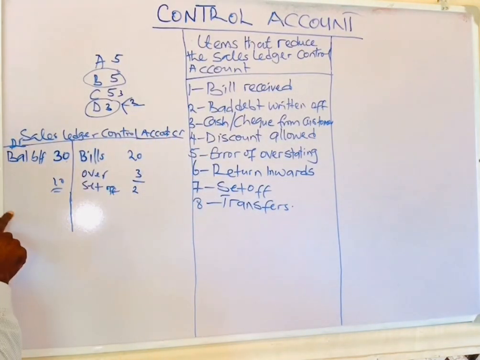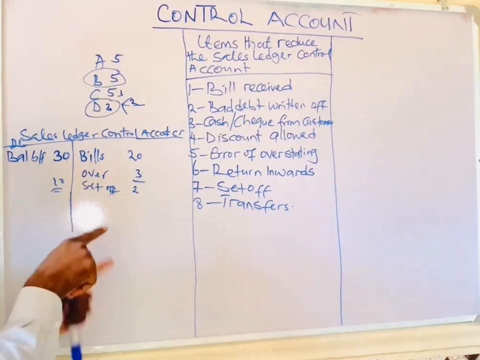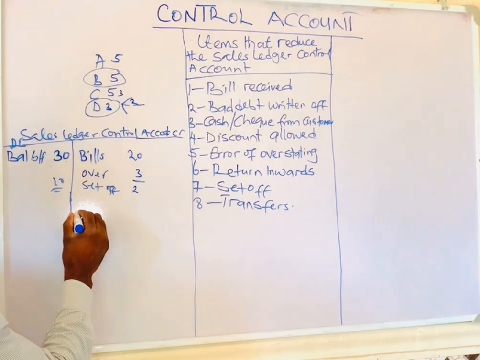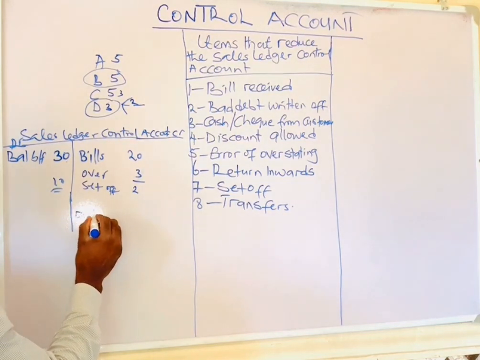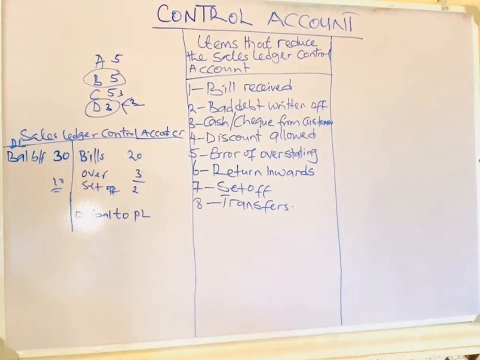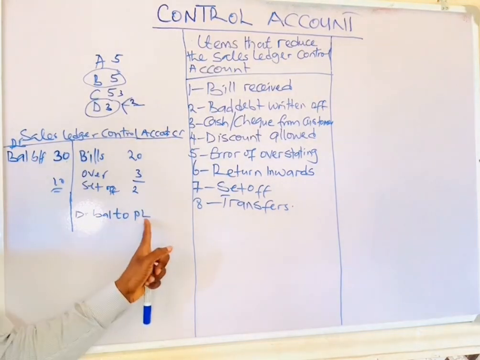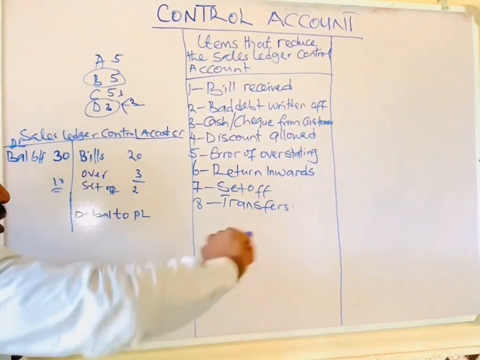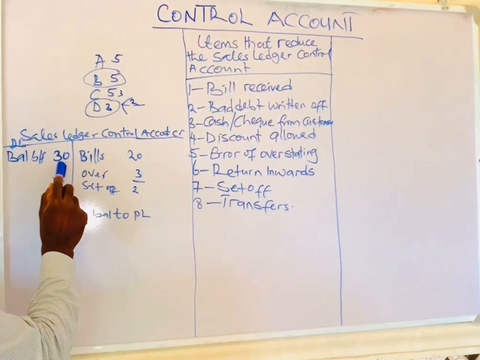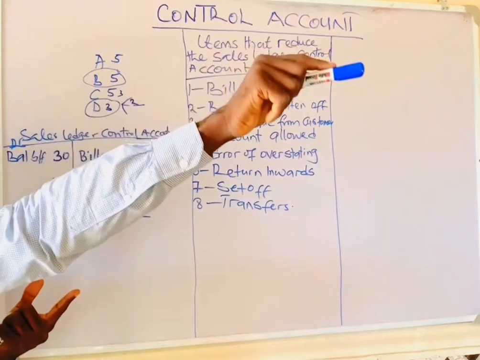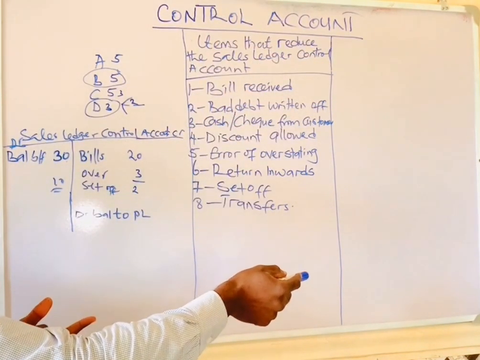So if you're transferring a debit balance to the purchase ledger from the question, you come here and say debit balance to purchase ledger. Very simple as that. It will show that you are taking this out, it will reduce this balance. We are taking from this debit balance out, it will reduce this debit balance. And you will put it here to reduce it, what we're taking out, transfer out to purchase ledger. I hope you are getting it.